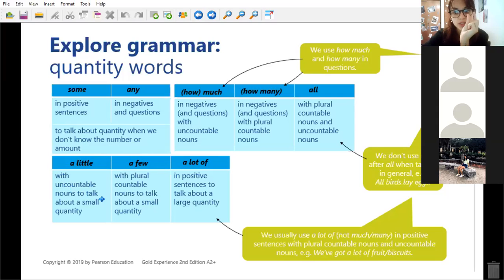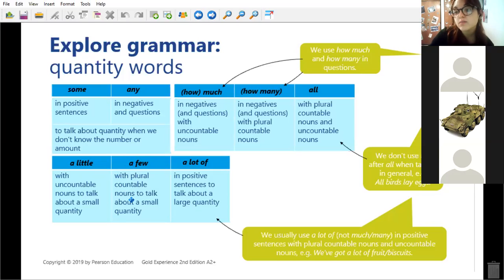Yes, small quantities with uncountable nouns. Now, if we have small quantities but plural countable nouns, we use a few. So I have a few pesos in my account. I have a few dollars in my account, right? I have a few pets. I have a few lollipops, right? Small quantity, but with plural countable.